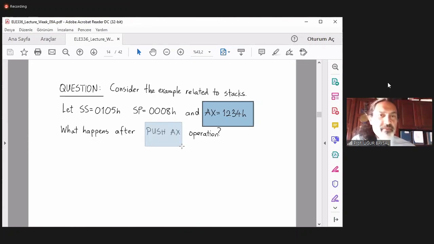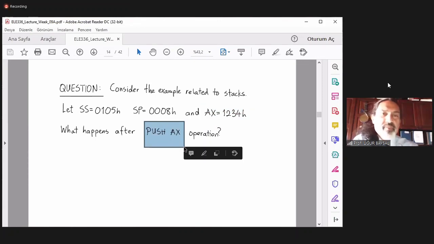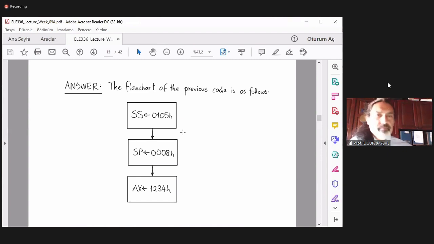So if we push the contents of AX onto the stack, what happens? We had already done this, including with an illustrative example before, okay?